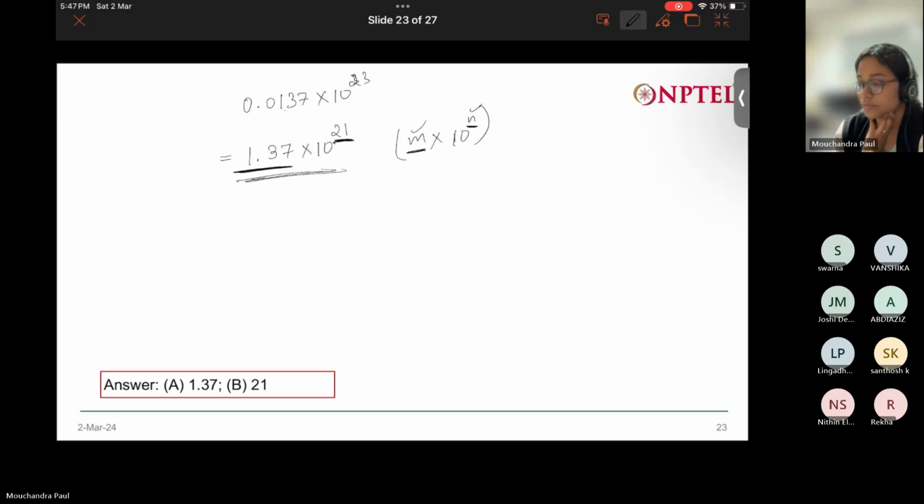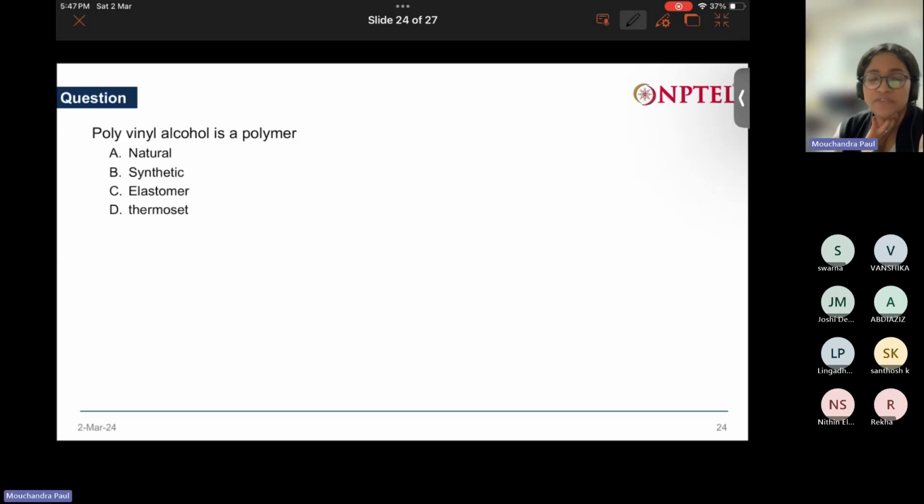Okay. Now, a few very basic questions about polymers. You already know what polymers are from the previous classes as well. You have seen some examples. So, polyvinyl alcohol, the short form for this is PVA. Is it a natural polymer, synthetic polymer, elastomer, or thermoset?